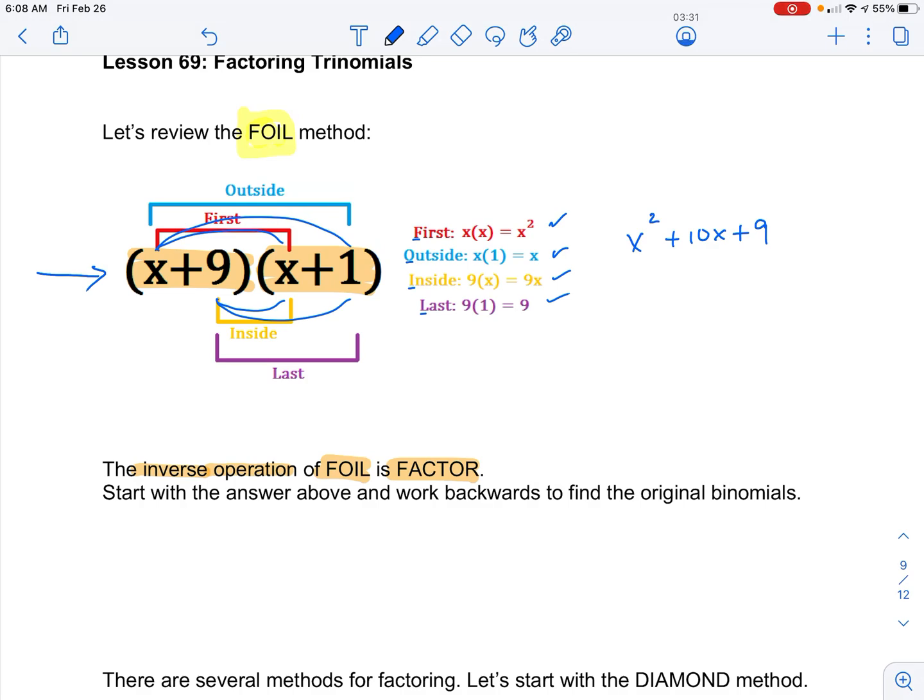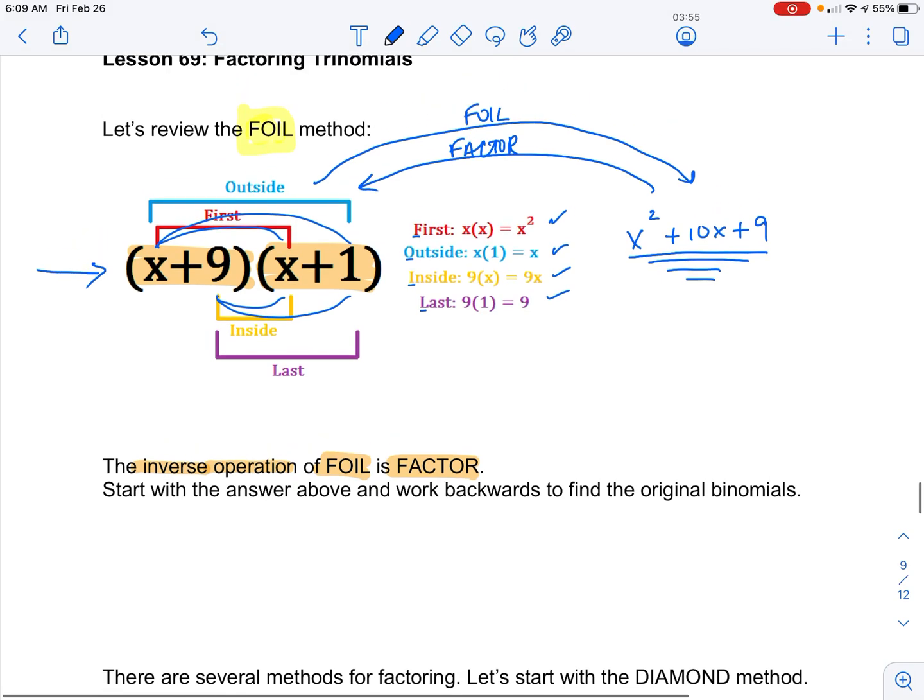When you take this trinomial and you want to put it back into that format, that's called factoring. Going from this to this is the FOIL. Going backwards is to factor. Those are inverse operations.